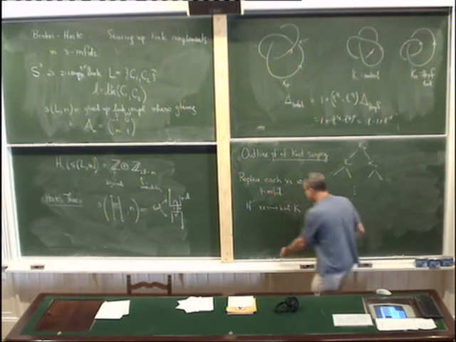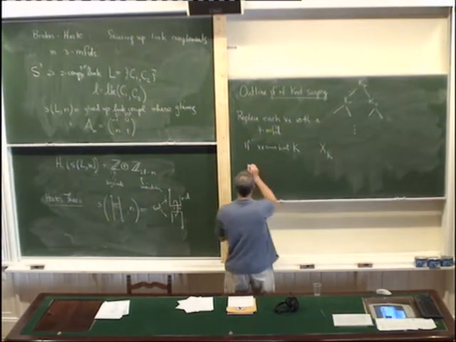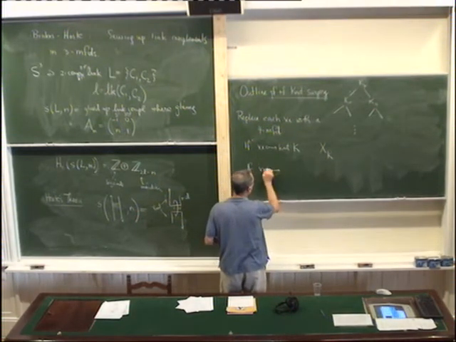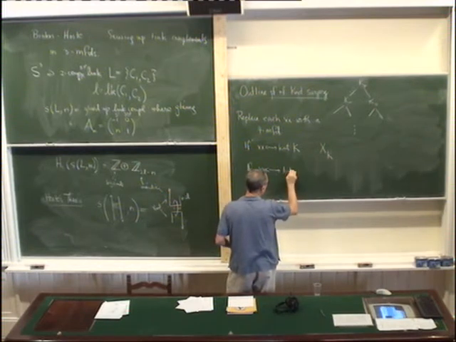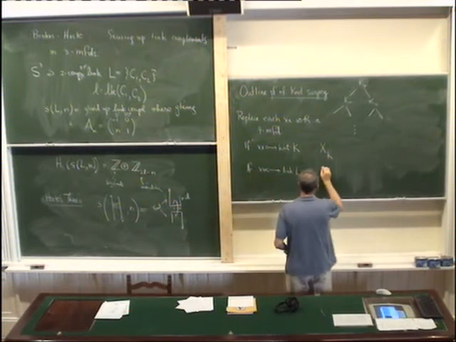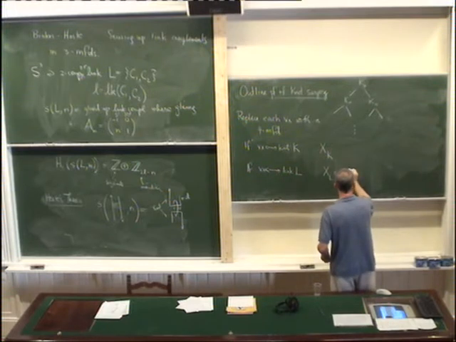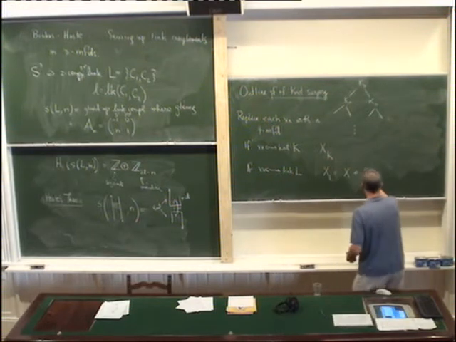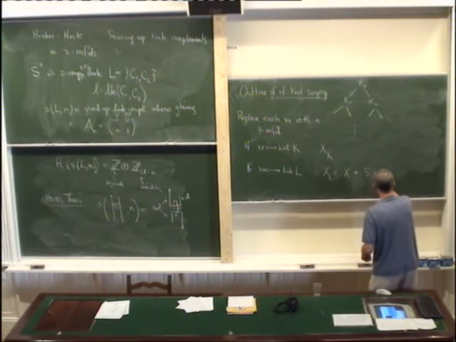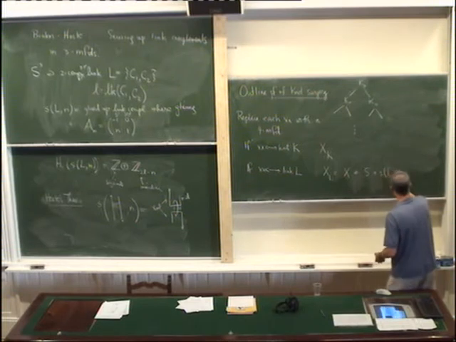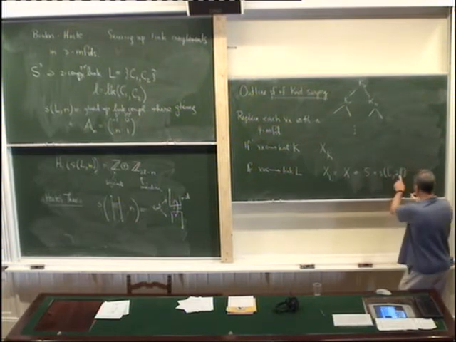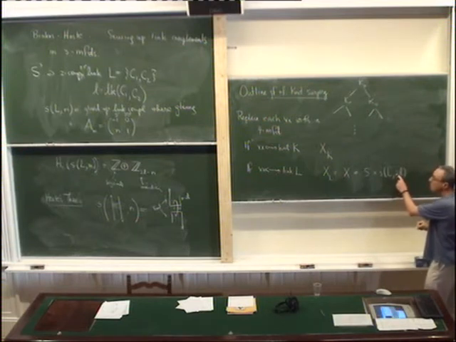If the vertex corresponds to a link, an oriented link, L, you replace the vertex with X of L, which you define to be equal to X fiber summed with S1 cross the sewn up link complement of L using this gluing matrix A sub 2L.